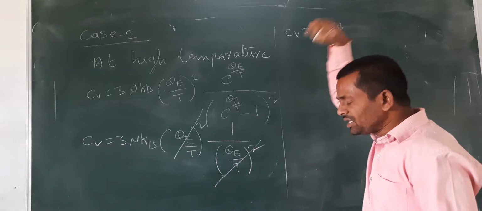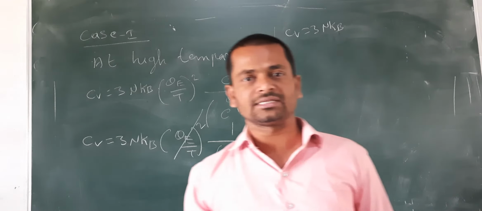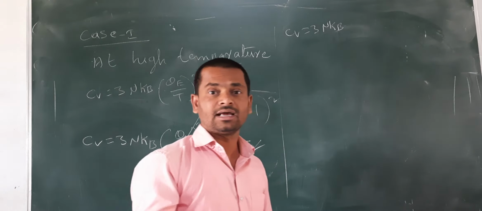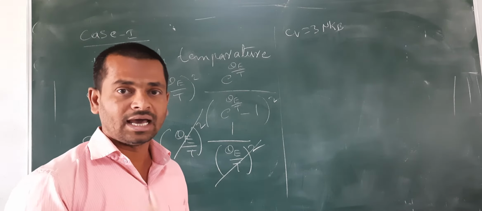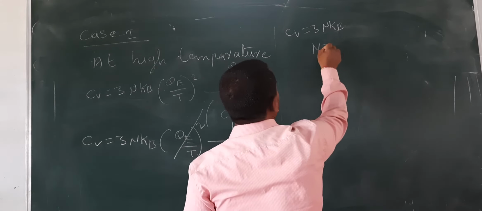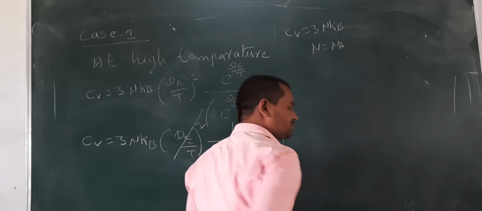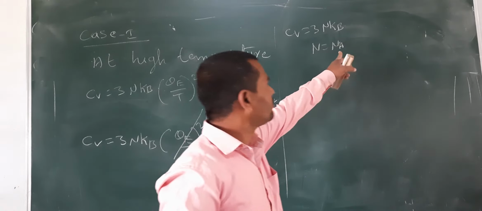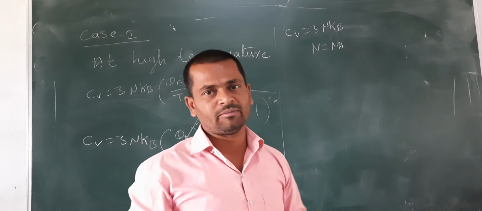And N is the number of oscillators. Suppose you consider the number of oscillators as the Avogadro number, that means N as N_A. That is also a number, but it is a fixed number.